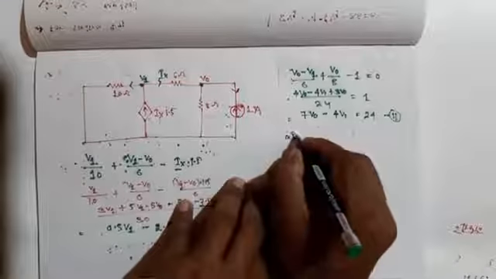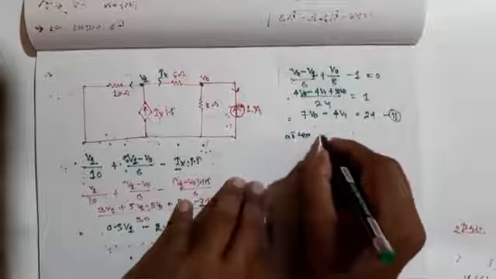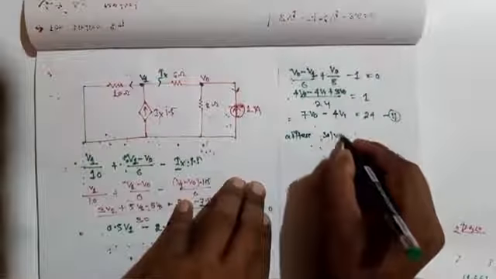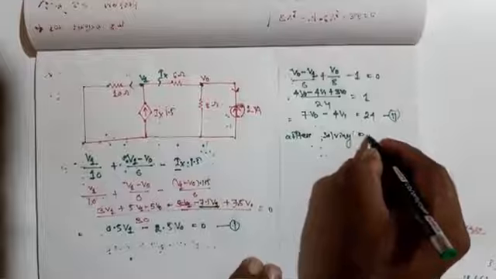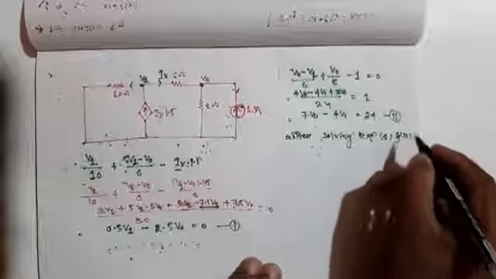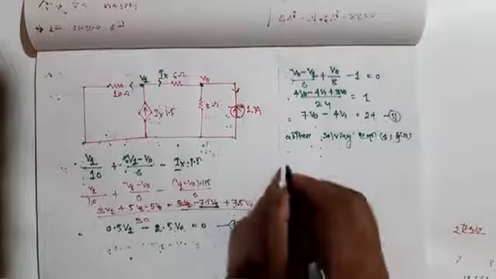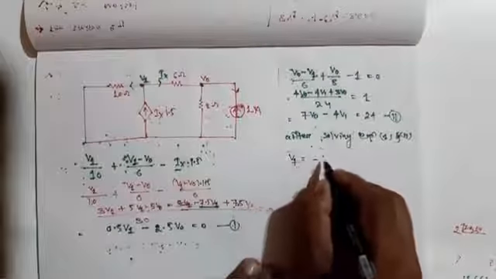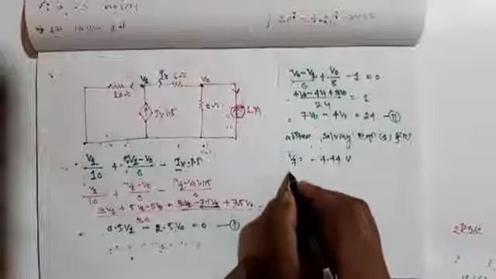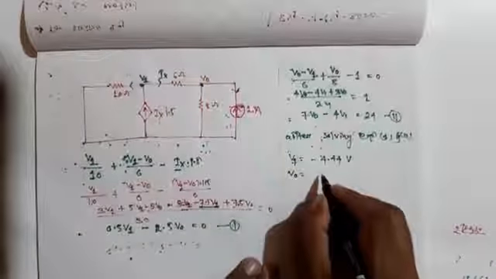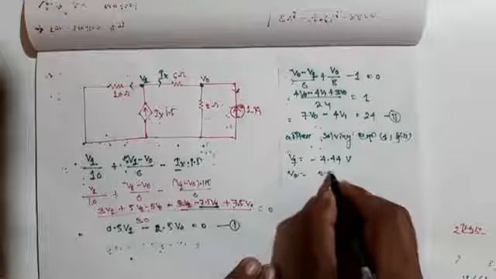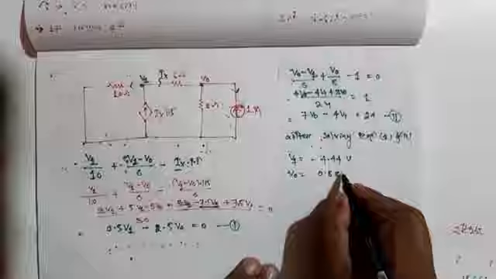After solving equations 1 and 2, we get the V1 value equal to minus 4.44 volt, and the V0 value is 0.888 volt.